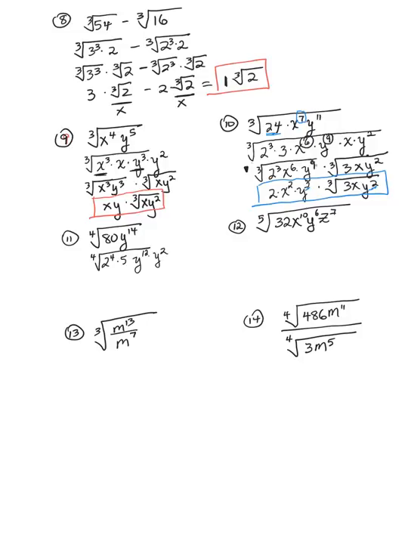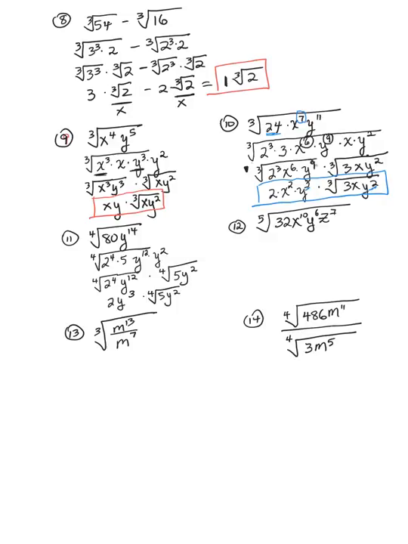But using our little shortcut, we have the 4th root of 2 to the 4th times y to the 12th. And we're left with the 4th root of 5 times y squared. And this becomes 2y cubed times the 4th root of 5y squared.